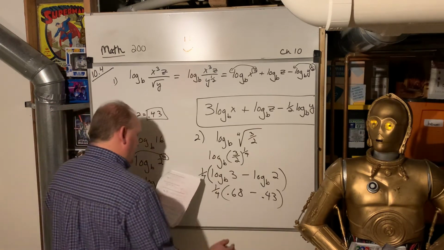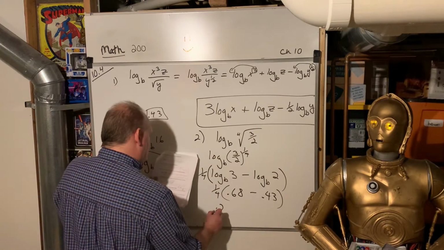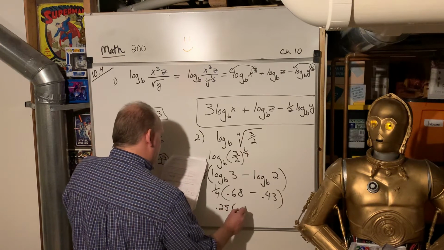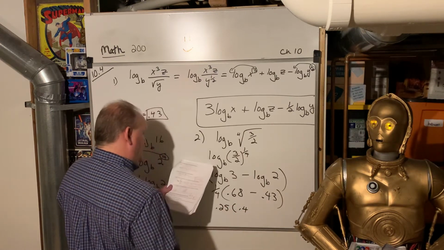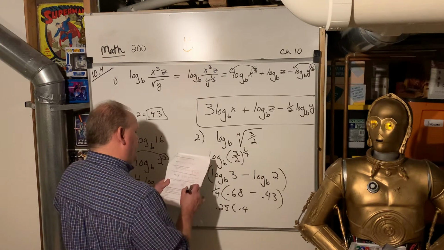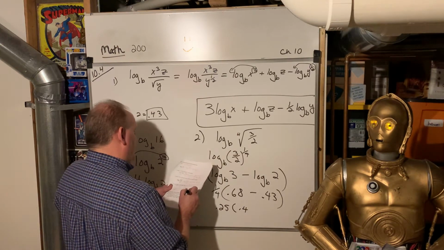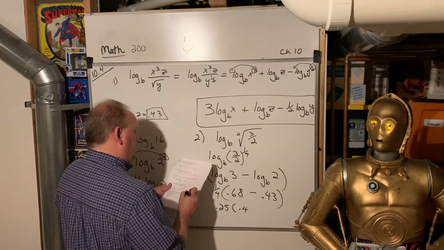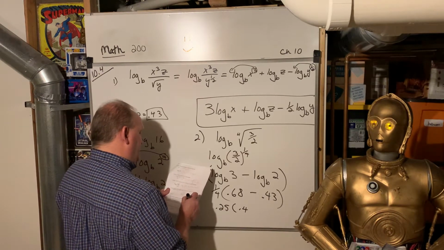And so that is 0.25 times 0.45. Oh, that should be a 5. Right, 0.68 minus 0.43, that's 0.45.